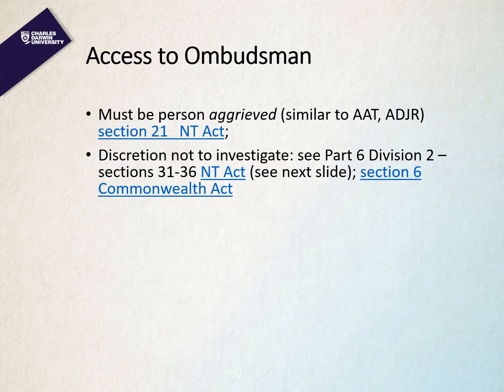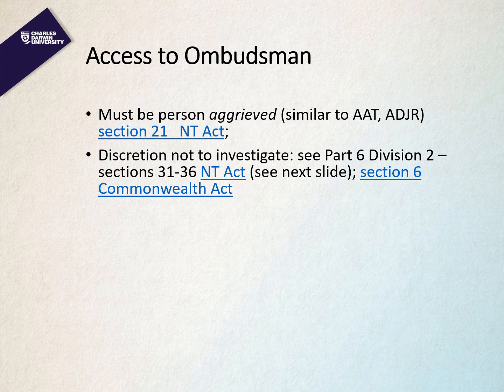Now, I've already mentioned in the commentary on an earlier slide that the question of standing to make a complaint to the Ombudsman is similar to, as it says, the AAT and ADJR. So it's the general standard that applies to the administrative law package and for that matter to seeking equitable relief under judicial review. Must be a person aggrieved, a person who is substantively disadvantaged by a decision or action of a public authority. The relevant section in the Northern Territory Act is Section 21.